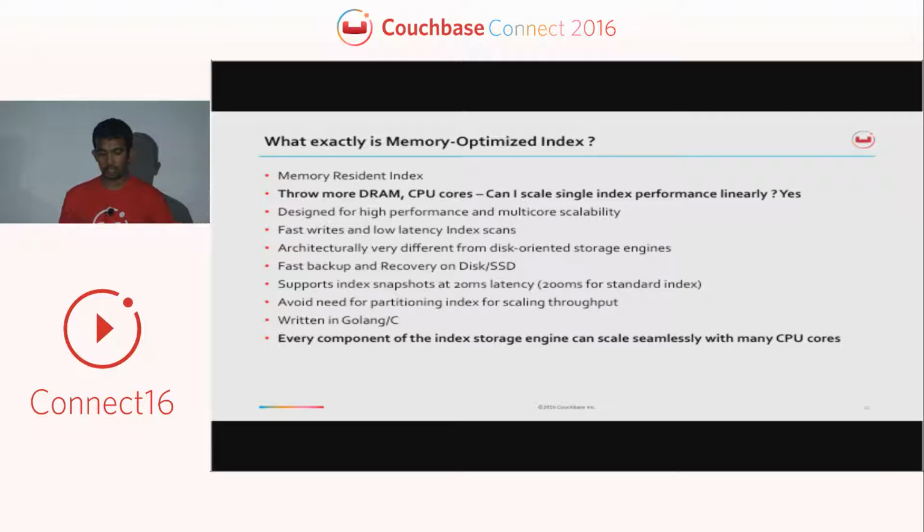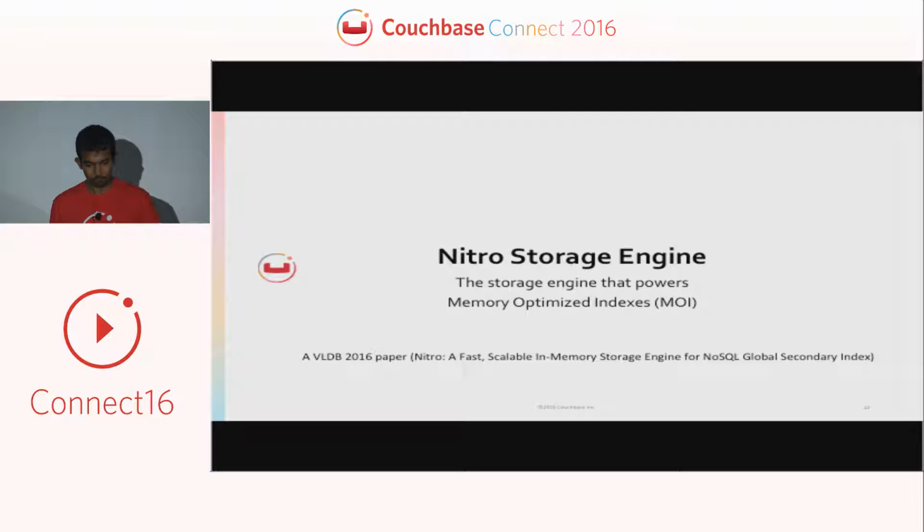That means there is an indexing latency involved. So if your storage engine supports very low latency indexing, that means we can provide scans with higher consistency. This storage engine is written in Golang and a bit of C. Every component of the storage engine can scale seamlessly with a large number of CPU cores.